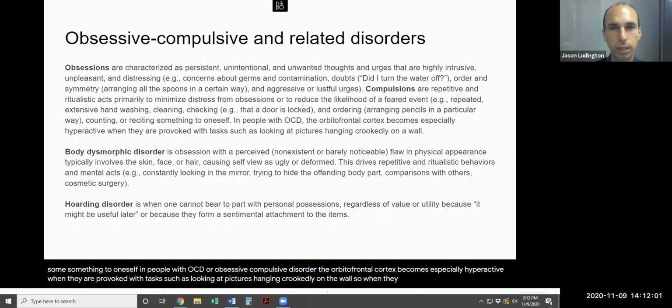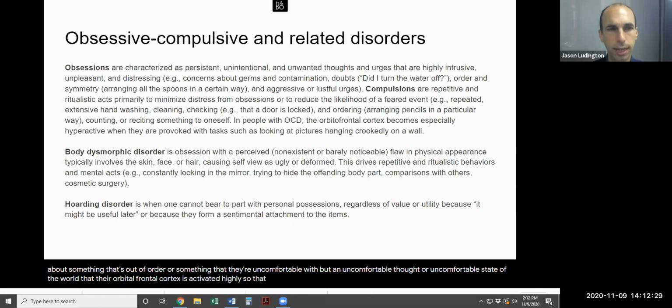So when they feel that anxiety about something that's out of order or something that they're uncomfortable with, an uncomfortable thought or uncomfortable state of the world, their orbitofrontal cortex is activated highly.